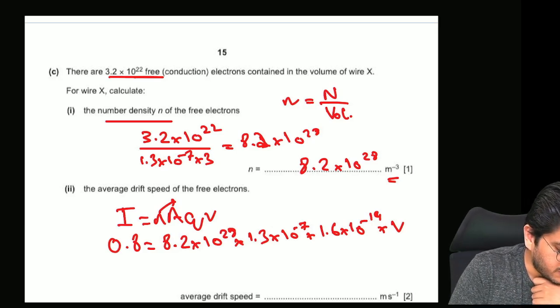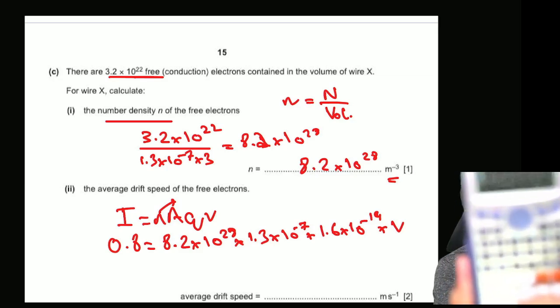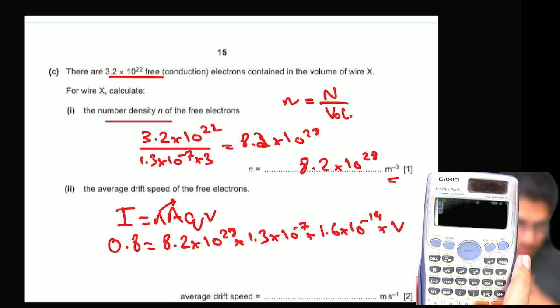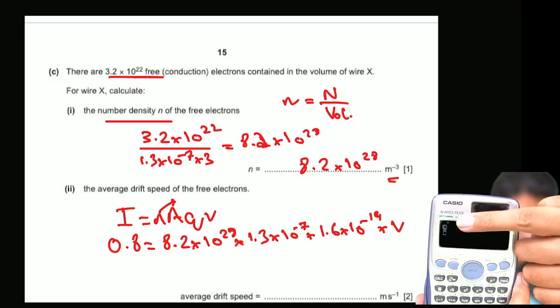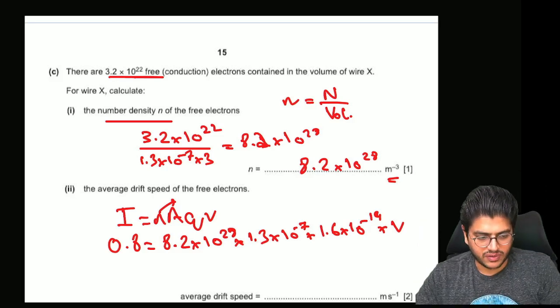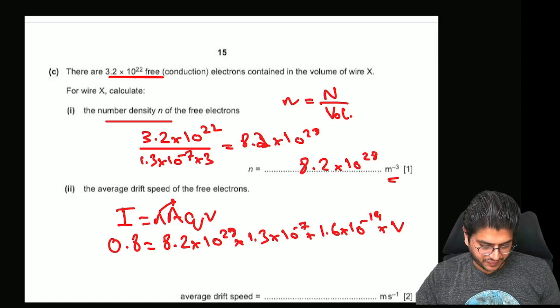So always remember to use the fraction mode, as I always say. You put your values in the numerator and the denominator and always get the right answer. So 0.8 divided by my answer to the previous part into 1.3 into 10 to the power minus 7 into 1.6 into 10 to the power minus 19.